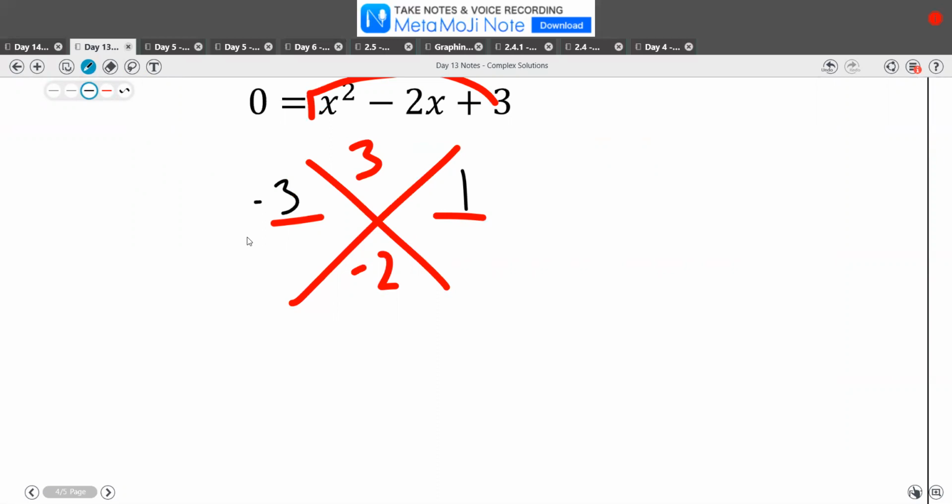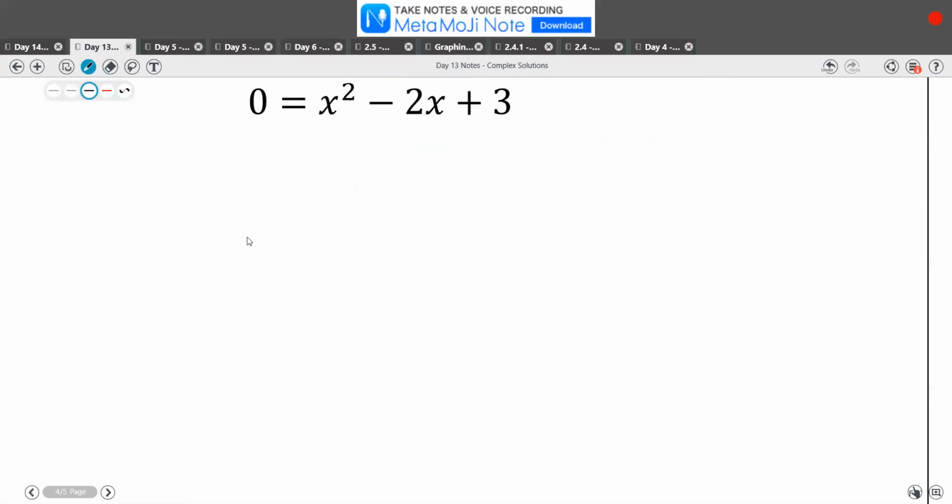In order to get 3, both have to be positive or both negative. -3 times -1 would give you +3, but -3 plus -1 would give you -4. So that wouldn't work. In this case, factoring doesn't work. I'm going to try the quadratic formula.